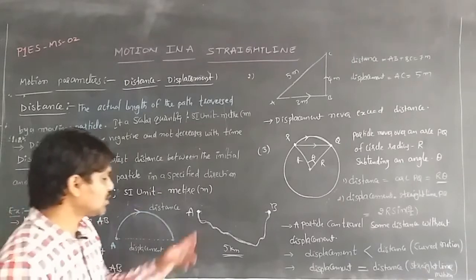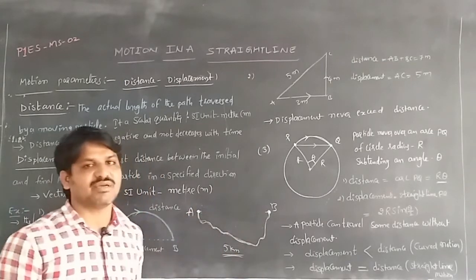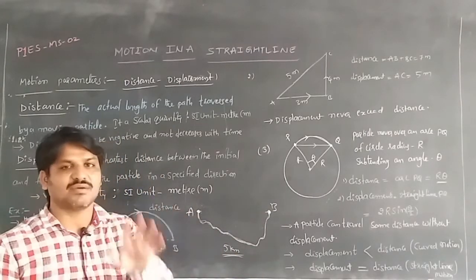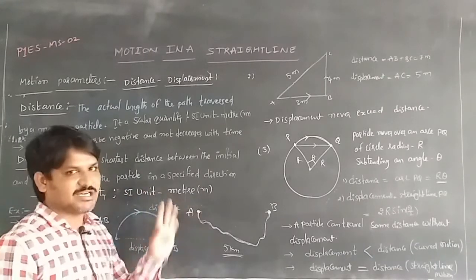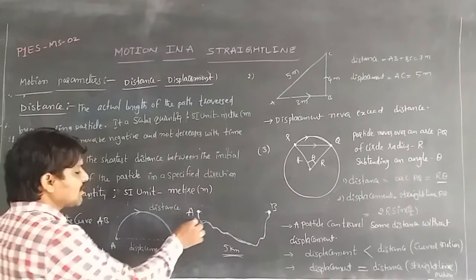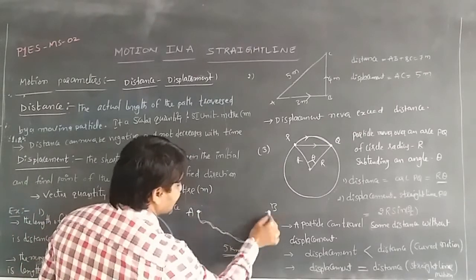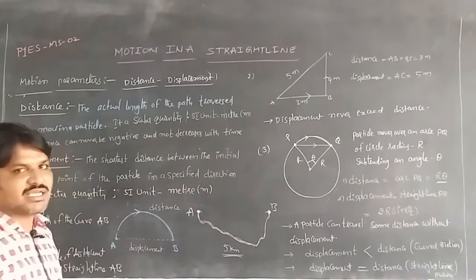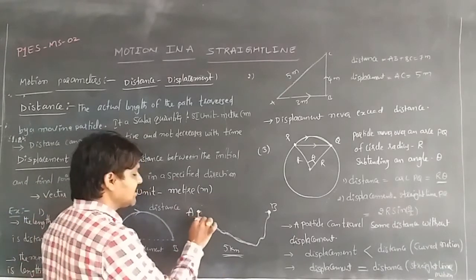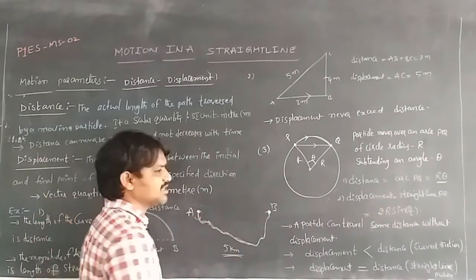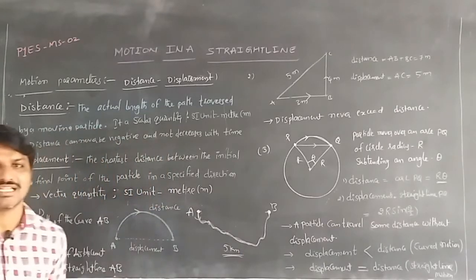The total actual length of the path traveled by a particle is called distance. It has only magnitude but no direction, because it can have different directions along the path.